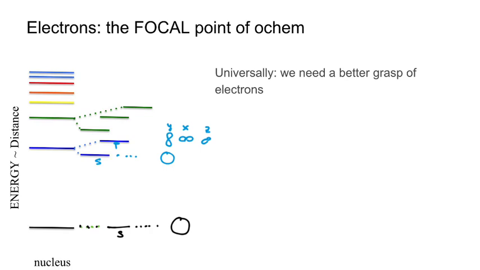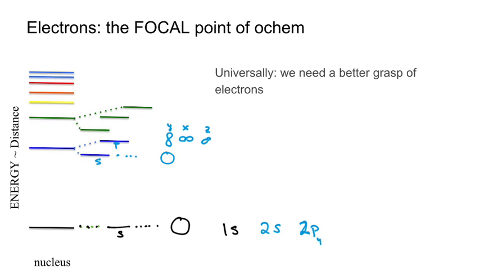So if we simplify this and we talk about all of these orbitals, I could call that first orbital down here, it's an s orbital, but it's at the first energy level. So I could call that 1s. The next orbital I could call 2s. The next orbital I could call 2p, that's a 2.